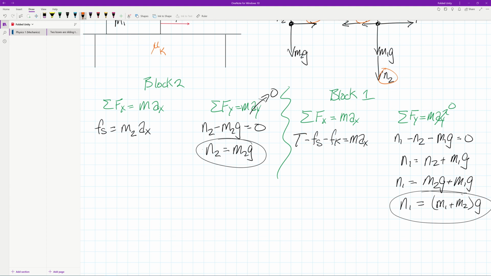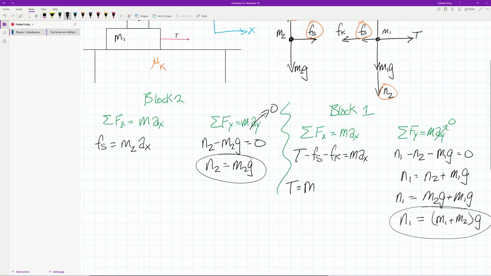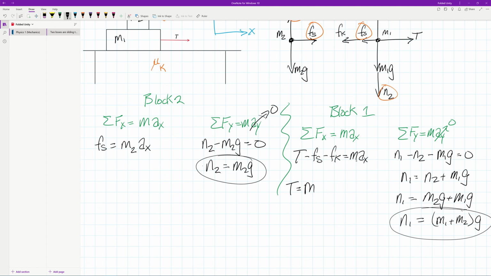Let's go ahead and solve for him, or isolate him, by moving the static friction and the kinetic friction over to the right-hand side. So the tension then equals m, let's see, I forgot a subscript on the m here. This should actually be an m1. m1ax plus the static friction plus the kinetic friction.